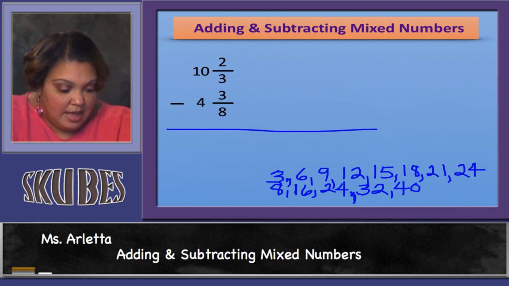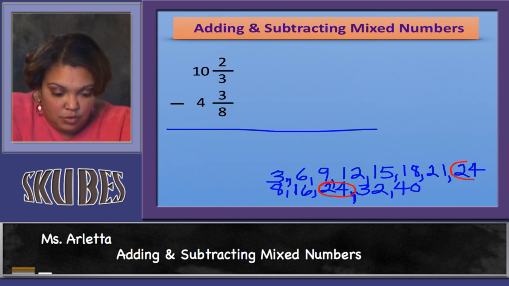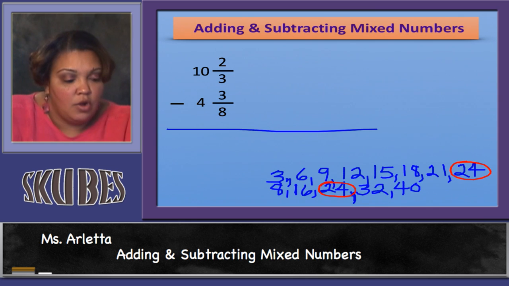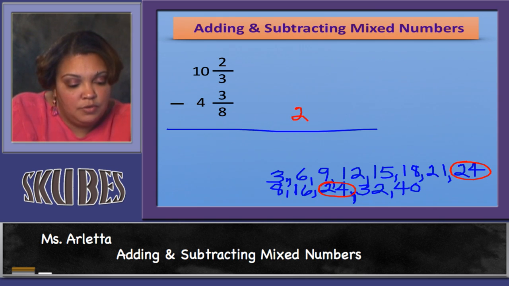And I see something. I see a 24 here and I see a 24 there, but I'm checking to make sure we don't have anything lower from the top list and the bottom list that is in common. And I don't see anything. So our least common denominator here would be a 24.